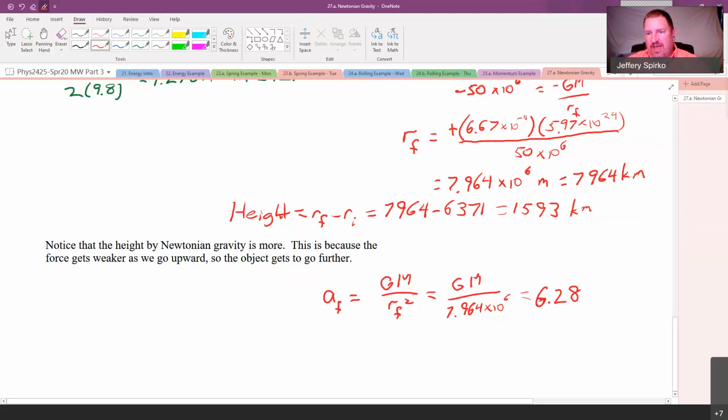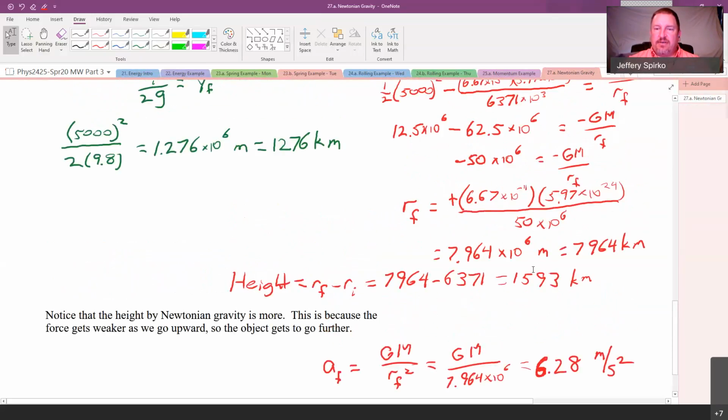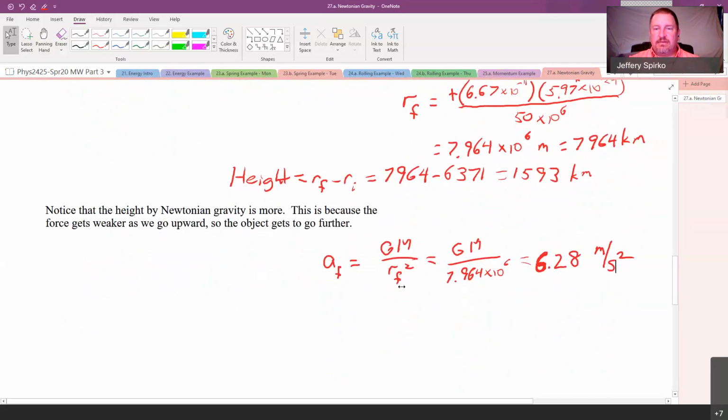So the value of g at this very high altitude of almost 1,600 kilometers is a lot smaller. And that is why the projectile gets further by this method.